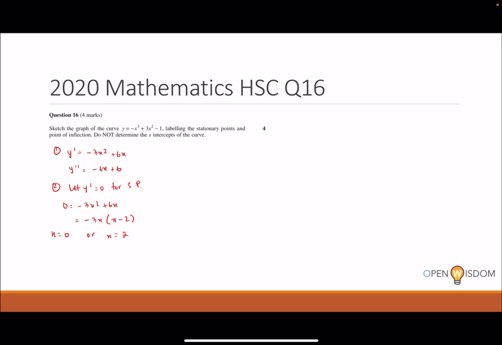Now that we have our stationary points, we have to determine the nature of these points. To do that, we're going to use our second derivative by substituting our x values into it. For x equals 0, our second derivative would be minus 6 times 0 plus 6, which gives us 6. This is greater than 0, so therefore x equals 0 is a minimum turning point.